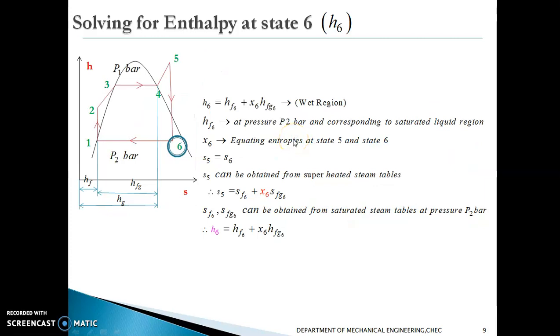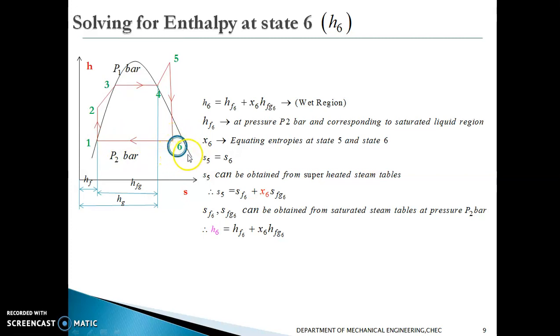And next, coming to state 6. State 6 is neither in the saturated liquid region nor on the saturated vapor line, nor is it a superheated condition. It lies in between the saturated liquid line and the saturated vapor line. That means it is in the wet condition.